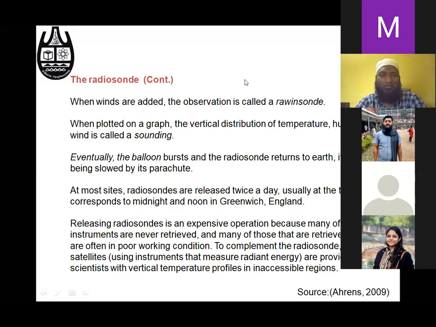So no way we can think about it, but I don't know. Someone said that we can also use it for a minimum height. That means maybe we are interested in 10 kilometer altitudes, so maybe we can use it for 10 kilometers, and then after 10 kilometers, if you have any system that we can just burst the balloon, or retrieve the gas from the balloon so that it can just come down after 10 kilometers.